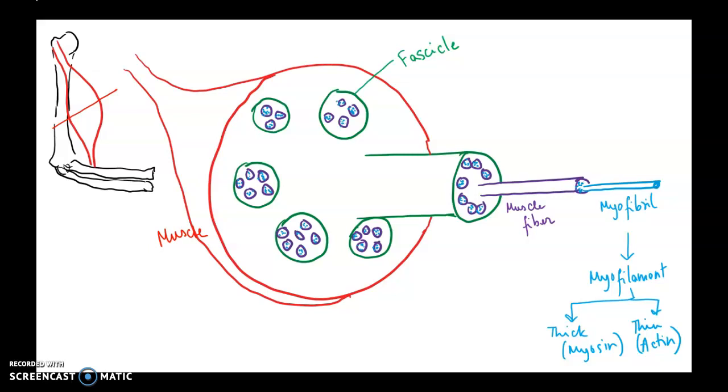A muscle fiber can contain hundreds to thousands of rod-like protein structures, and those are called myofibrils. Remember, a myofibril is made up of myofilaments, and there are two types of myofilaments we will look at. We will look at the thick filaments, which are made up of myosin proteins, and thin filaments, which are made up of actin proteins. All right.